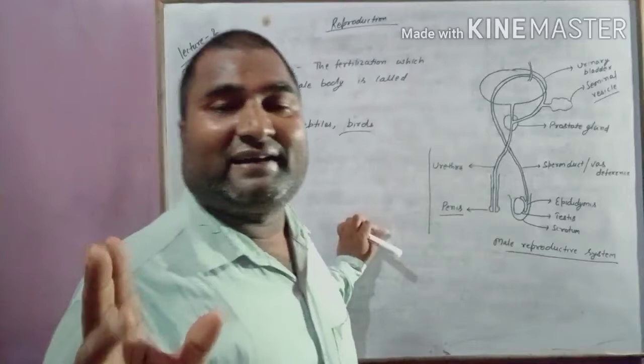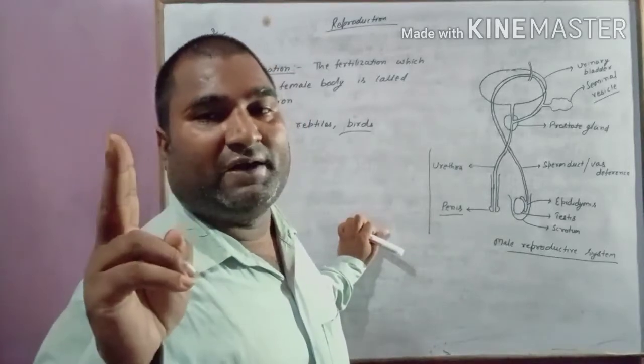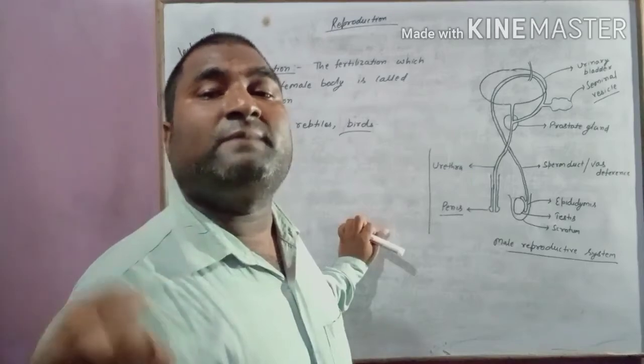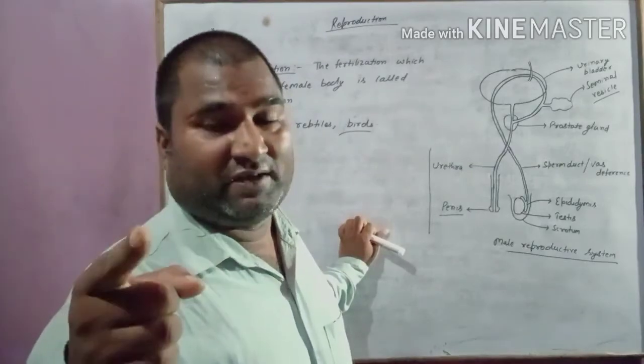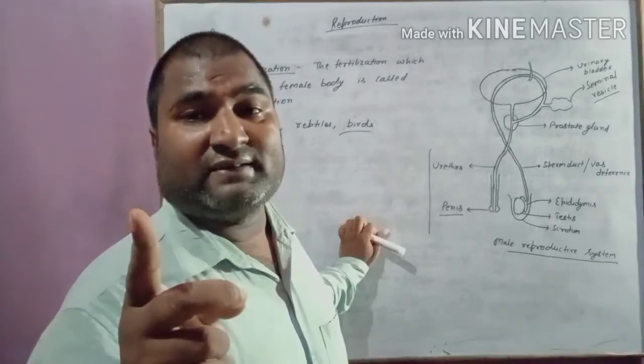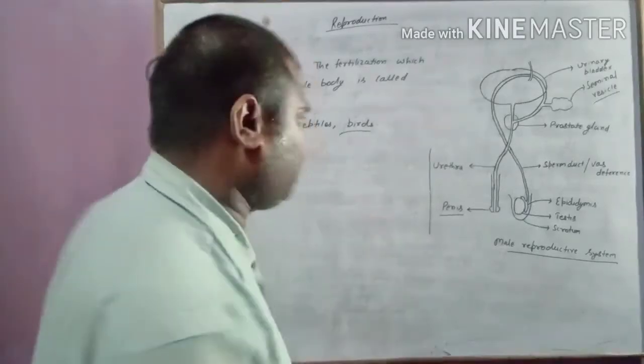Don't go into that detail, just say one or two points: whether the organism lays eggs or gives birth to young ones. So animals are categorized into two categories: viviparous and oviparous.